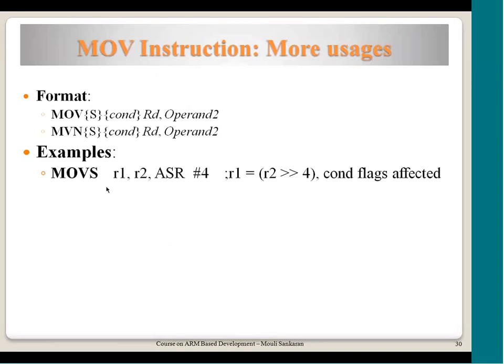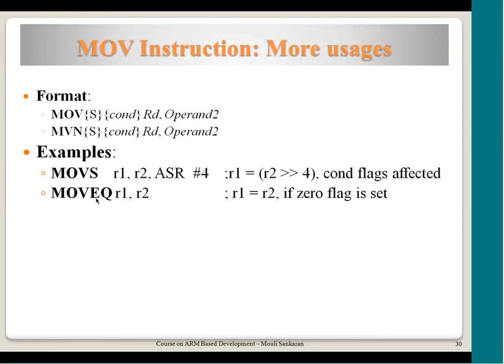So suppose it is moving a 0 content which is stored in R2 into R1 and you mention it as MOVS R1, R1 happens to be all zeros, so the zero flag will be set. So this instruction is supposed to impact the CPSR. So conditional flags will be affected based on this instruction. Okay. Now what is MOVEQ?